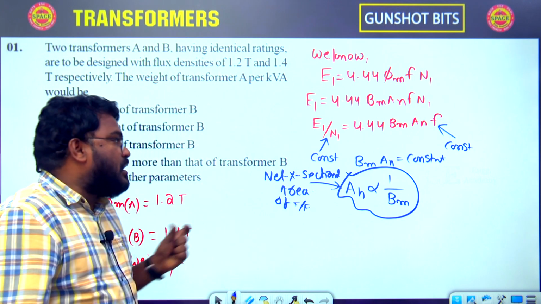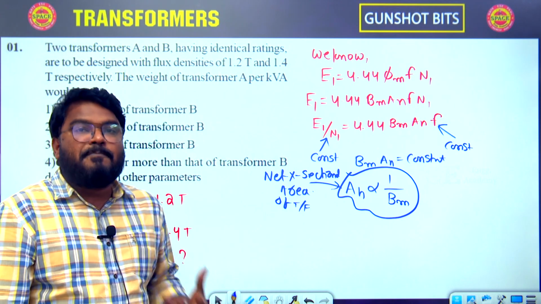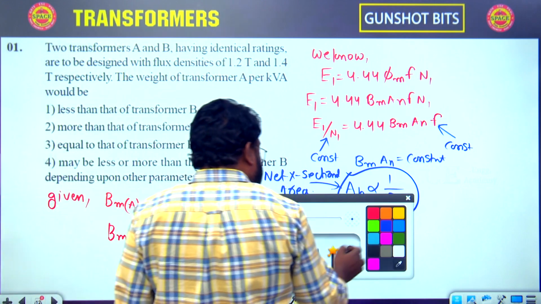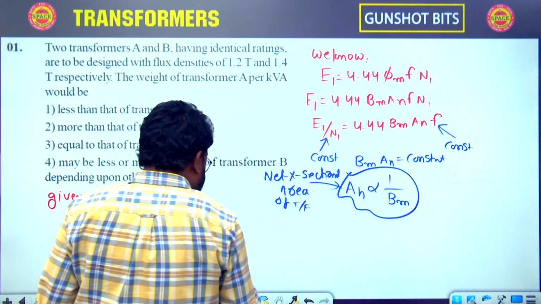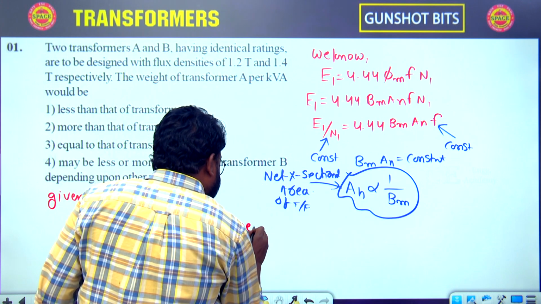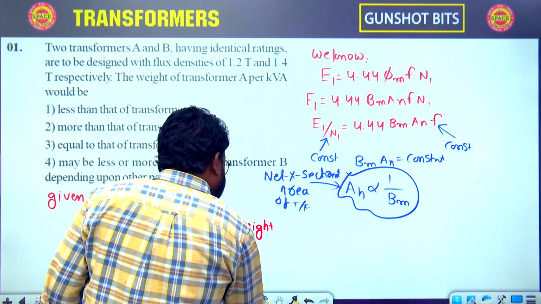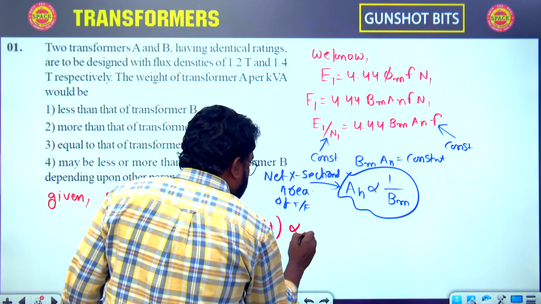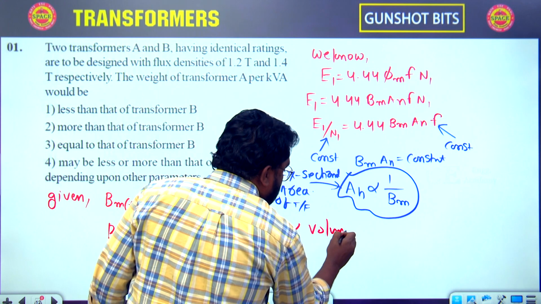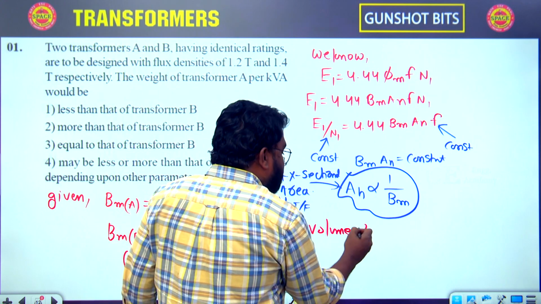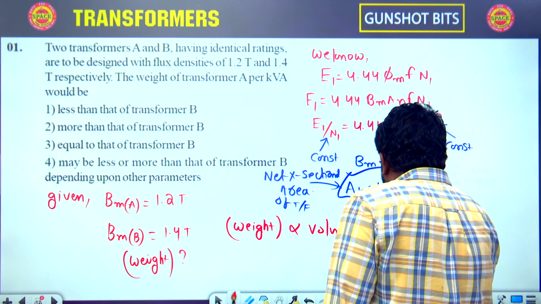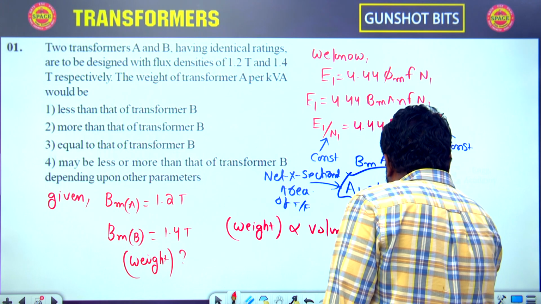The weight of the transformer is directly proportional to the volume of the transformer core, and this volume is directly proportional to the area of the transformer core.